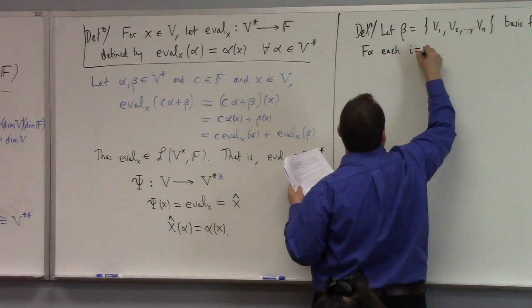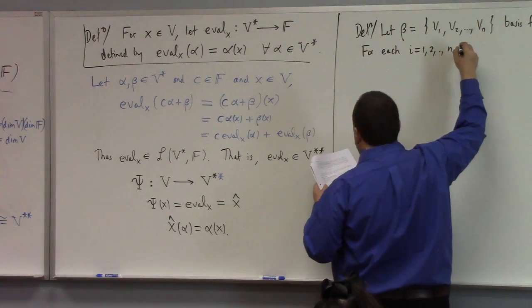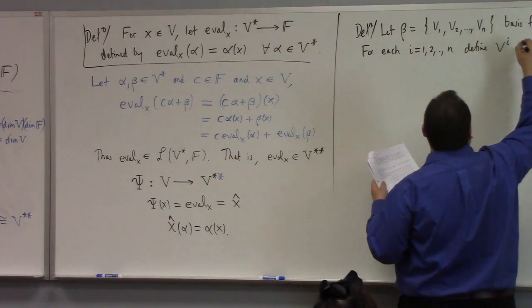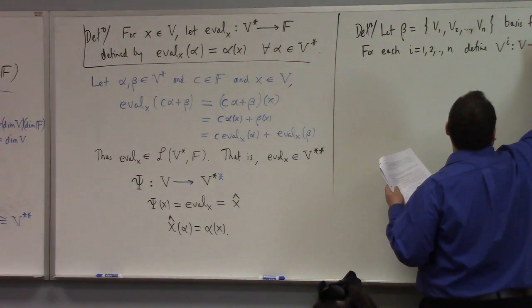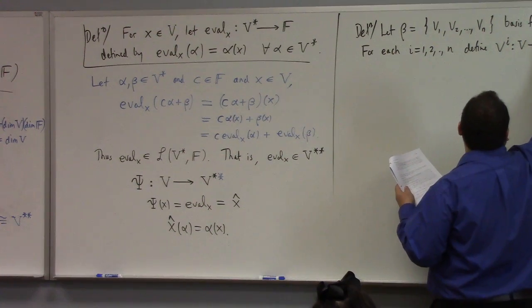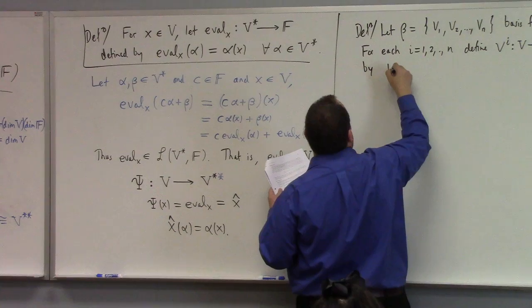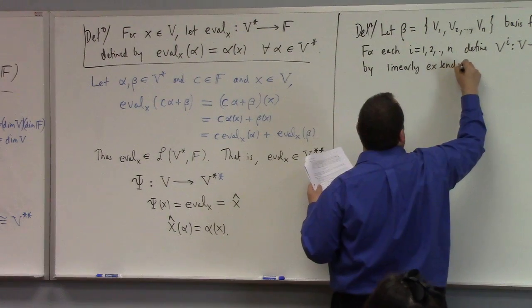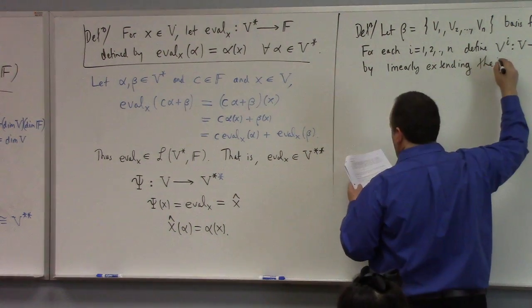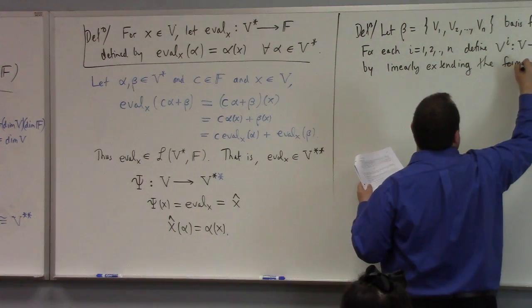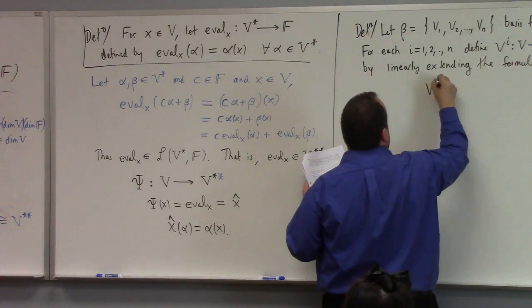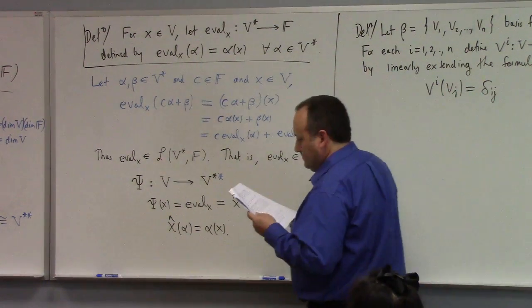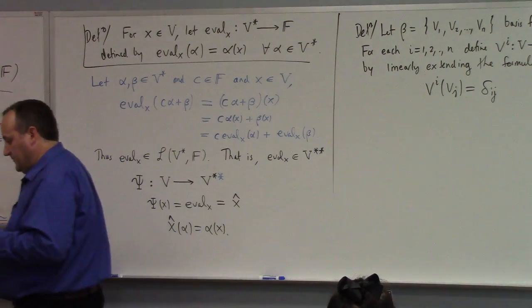For each i in 1 to n, define v upper i, a mapping from V to F, by linearly extending the formula v upper i acting on v j equals the Kronecker delta ij for all j equals 1 to n.